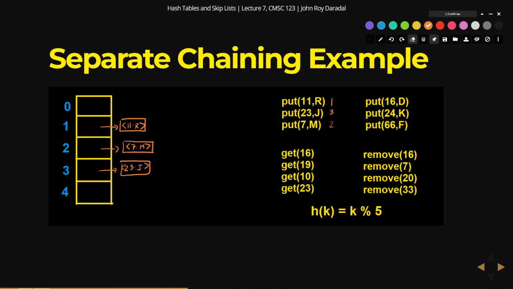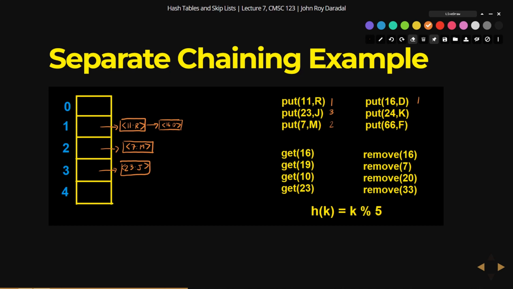And then 16D, so 16 modulo 5 is 1. So we'll also put it at index 1. We already have 11R here, so we'll add this to the end, 16D, because 16 does not exist yet, right? So it's safe to add this one here.